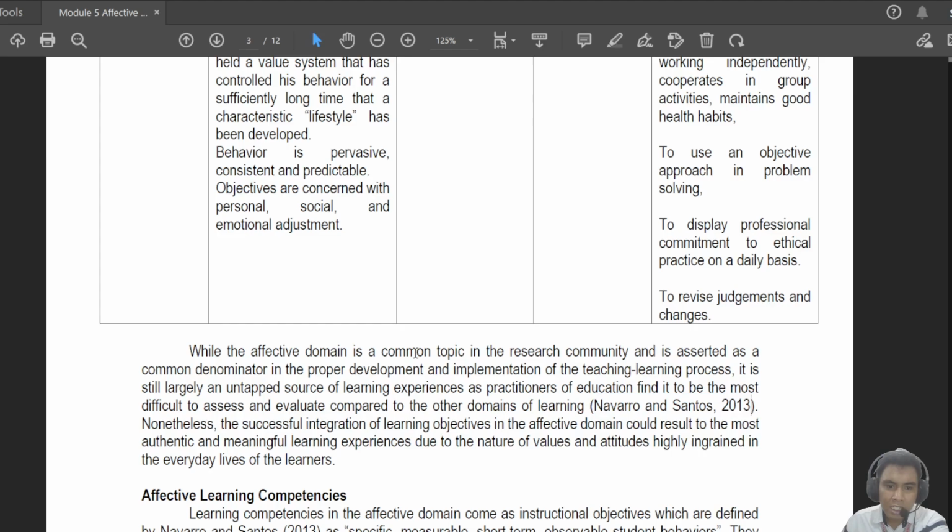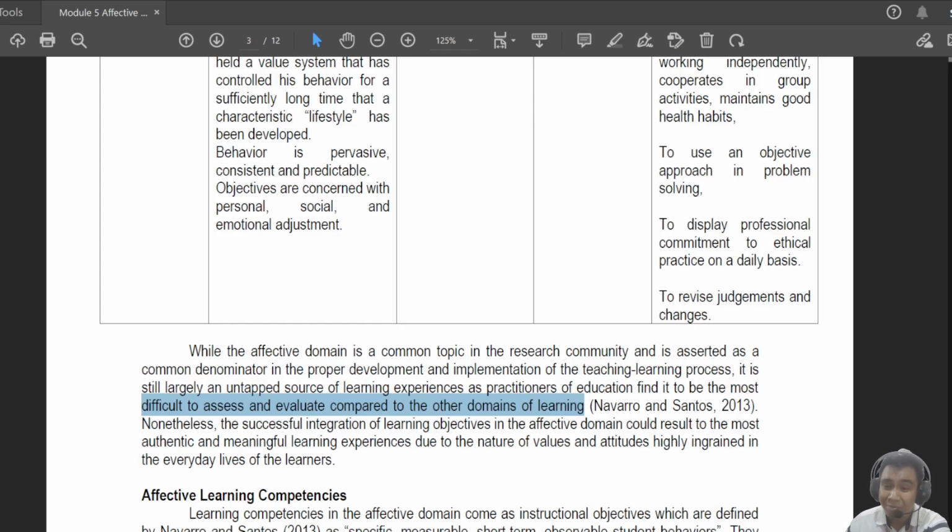Okay? So, again, with the affective domain, is a common topic, according to Navarro Santos ito ha. Now, common topic na daw ang affective domain in the research community. However, okay, it is the most difficult to assess compared to the other domains of learning. Kasi nga, karamihan ng mga values ay hindi observable. Diba? Yung receiving, mahirap i-observe.